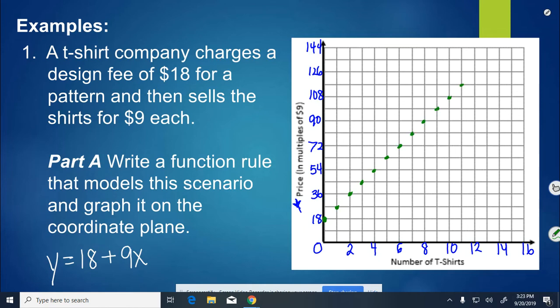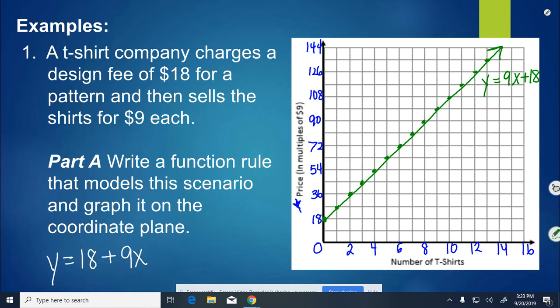So you really have to pay attention to how a graph is set up in order to correctly graph these. Arrow on the end, function rule attached. Notice I wrote 9x plus 18. That is equivalent to 18 plus 9x, so that is okay. All right, so there's our graph. That's how you'd graph it on a real world scale, just really paying attention to the axes.